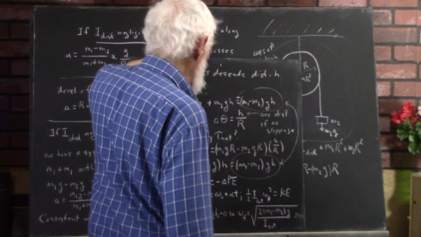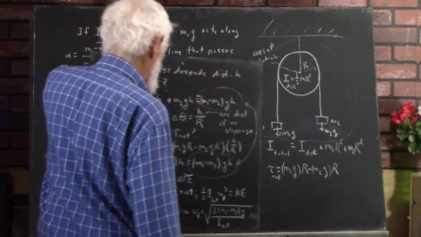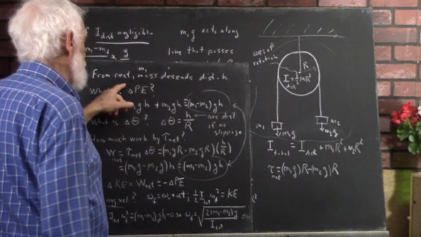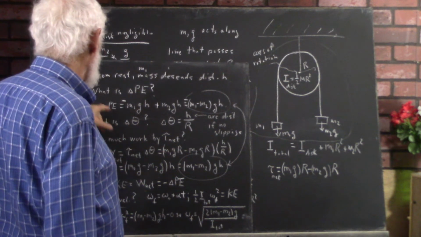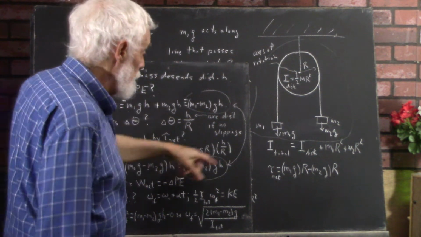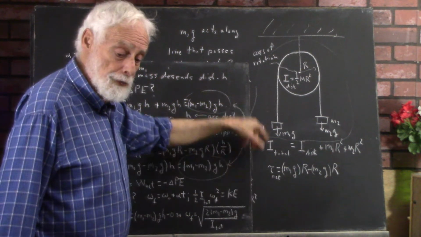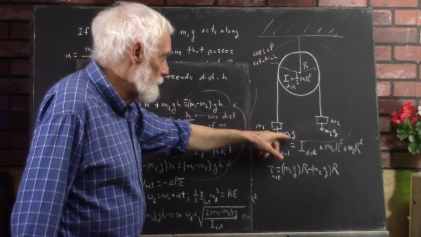Now we can ask a few questions. If the mass m1 descends a distance h from rest, what's the change in the potential energy of the system? Well, this mass descends a distance h, so its potential energy will drop by m1gh.